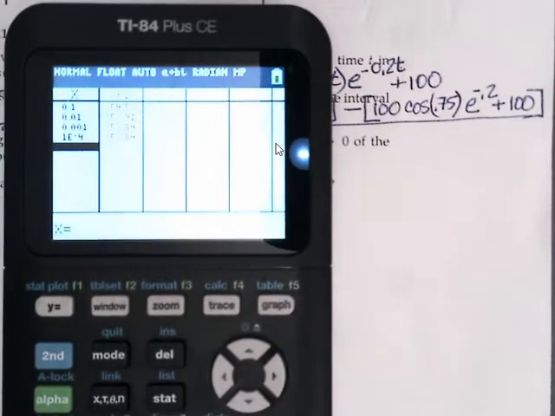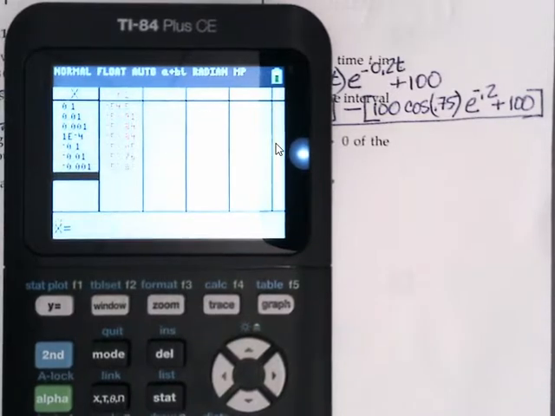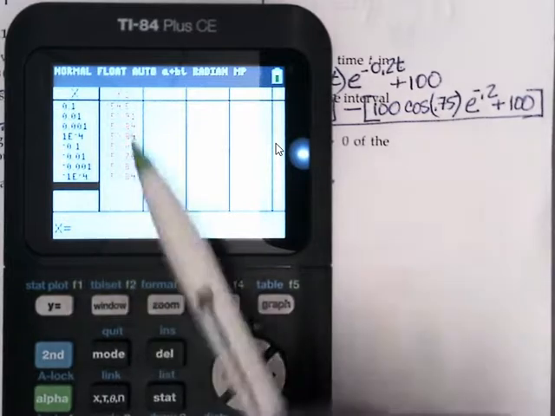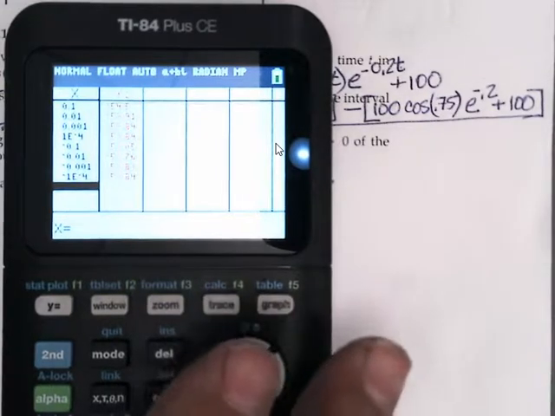Let's go from the other side. That would be negative 0.1, negative 0.01, negative 0.001, negative 0.0001. It looks like I'm getting about negative 53.84.